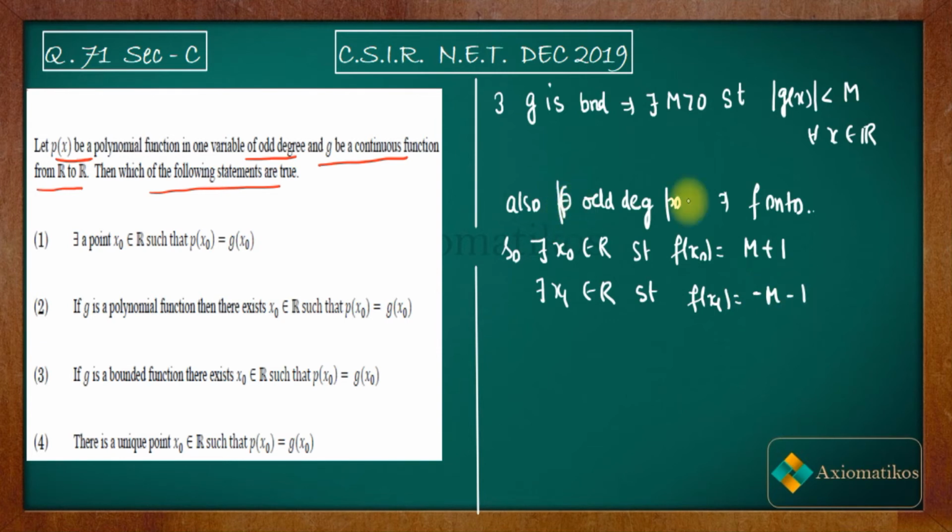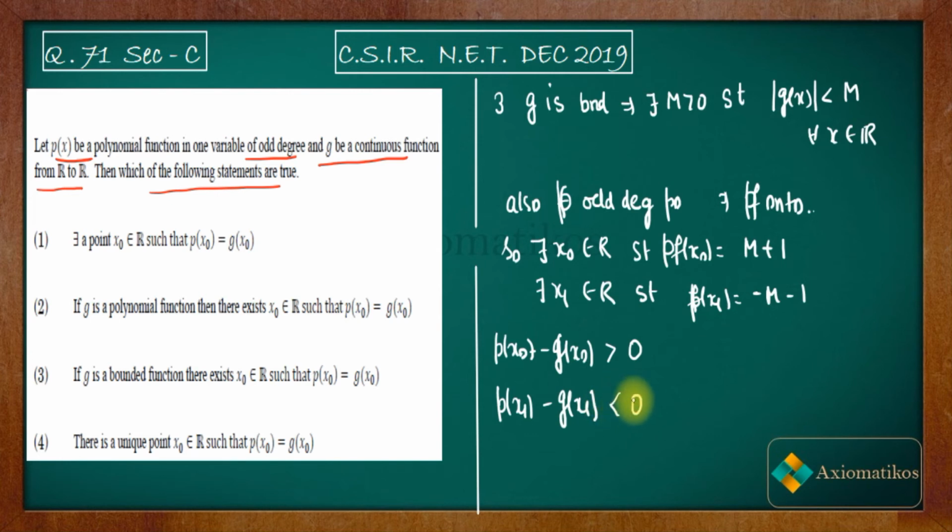Sorry, it should be P. Now let us calculate P(x naught) minus g(x naught). P(x naught) is m plus 1, g(x naught) is less than m. So P(x naught) minus g(x naught) is greater than 0. Let us calculate P(x1) minus g(x1). P(x1) is minus m minus 1 and g(x1) is greater than equal to minus m, so it should be less than 0.